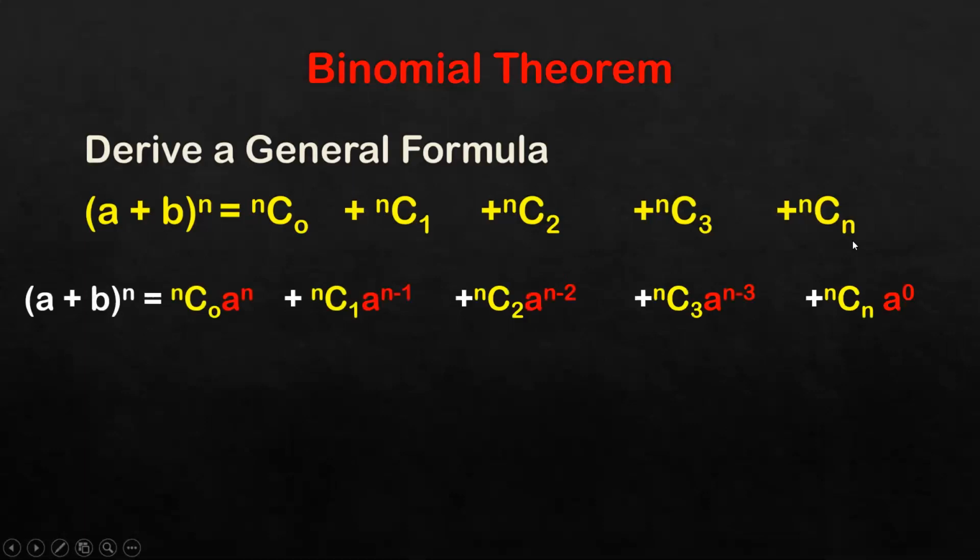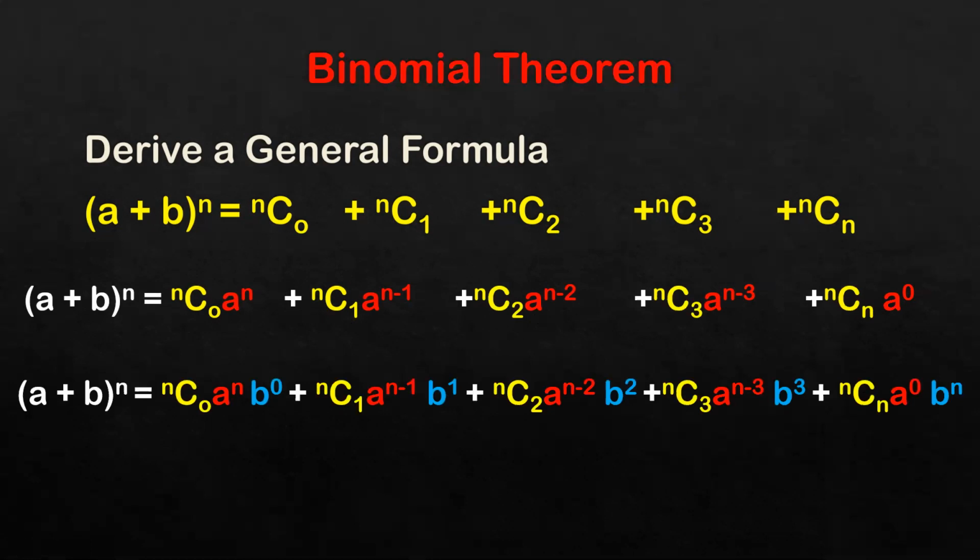Then, as you know, the value of a keeps on decreasing. So I can add a raised to n, a raised to n minus 1, a raised to n minus 2, a raised to n minus 3 till a raised to 0, because in the end a disappears.